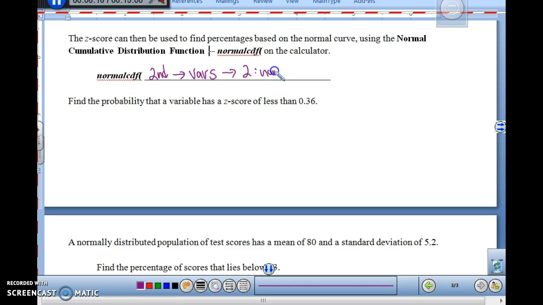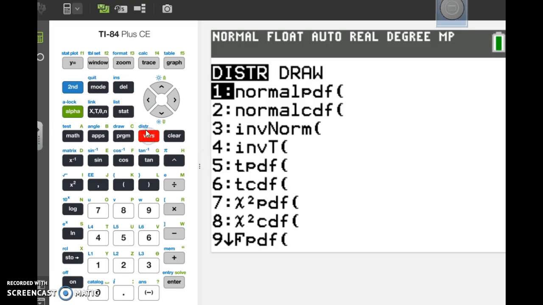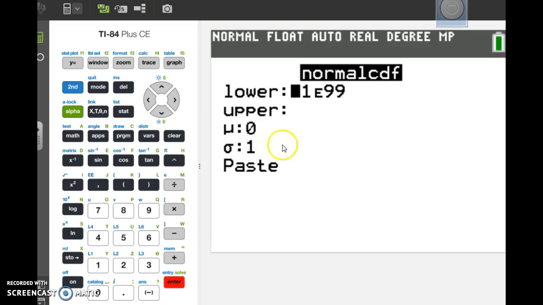If I press second, vars, it's over here next to the clear key. Don't pick number 1, that's PDF. I want CDF, which is number 2. Then you get this screen right here, and I'll explain that screen in just a second.